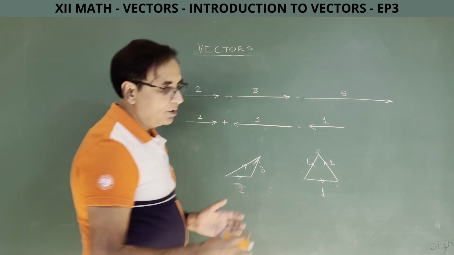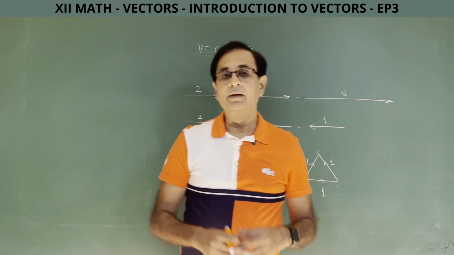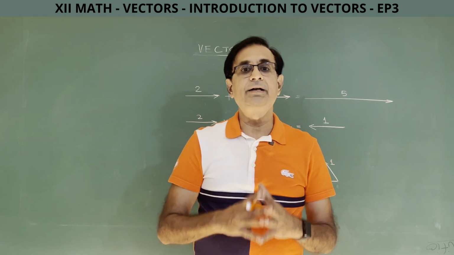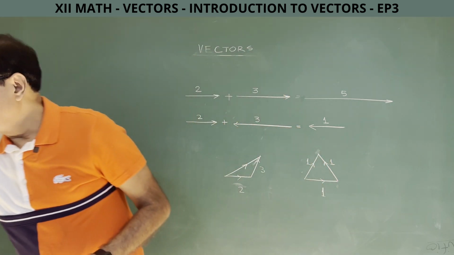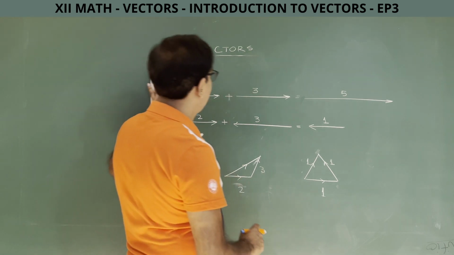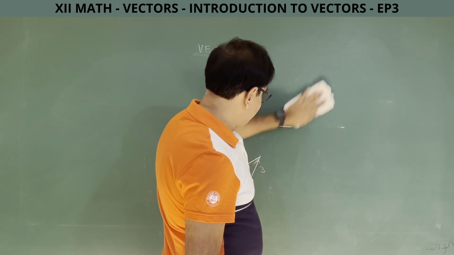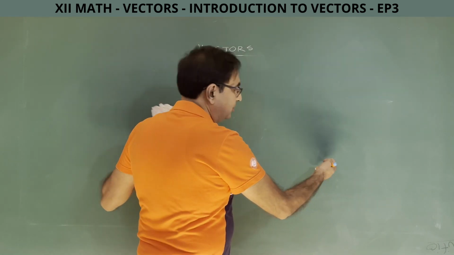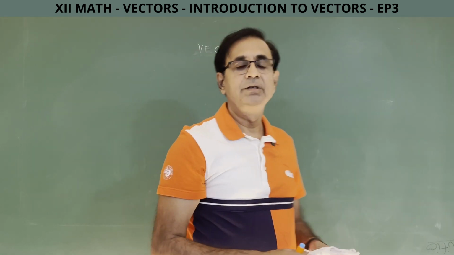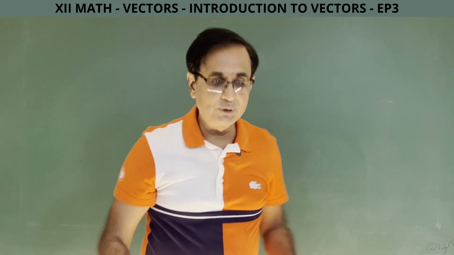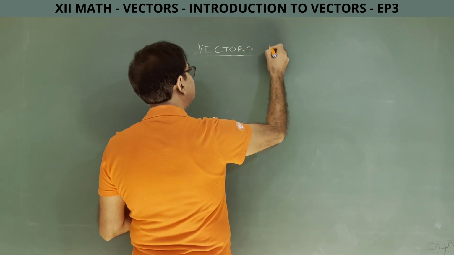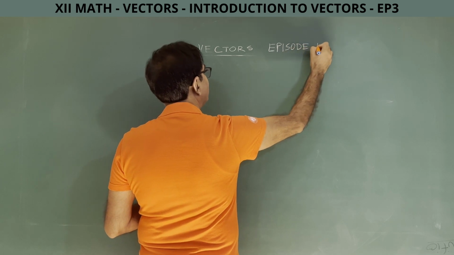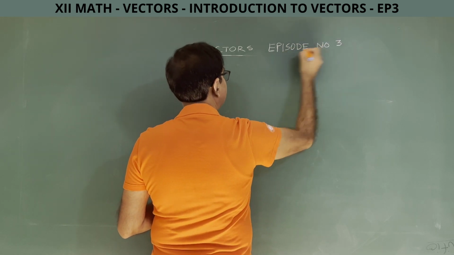So, now we are going to go to the next topic, not multiplication of 2 vectors, but multiplying a vector by a number. That will be called scalar multiple of a vector. So, you can say that today's class starts from here. What I did was the last portion of the previous episode, episode number 2, and this is episode number 3.